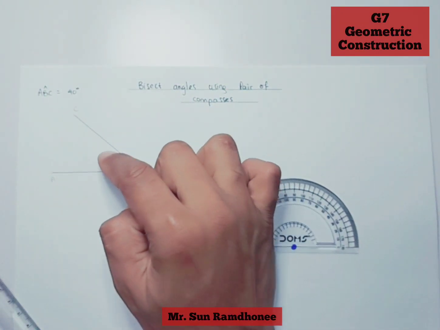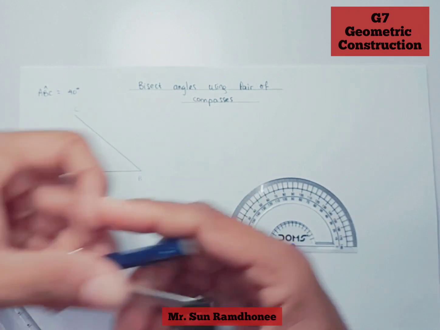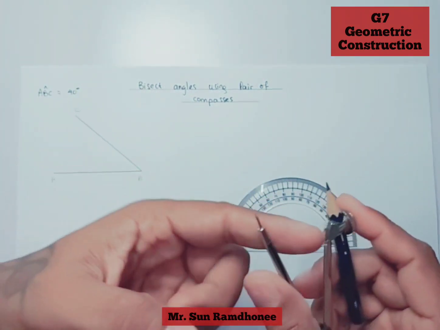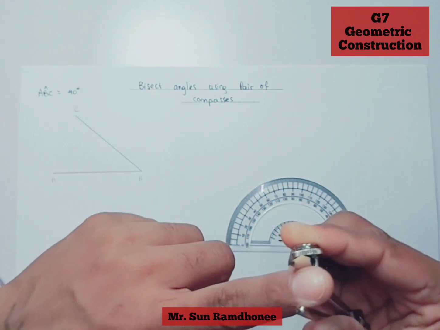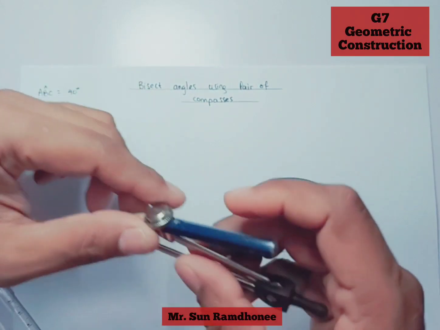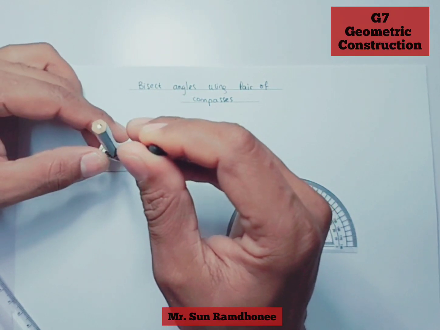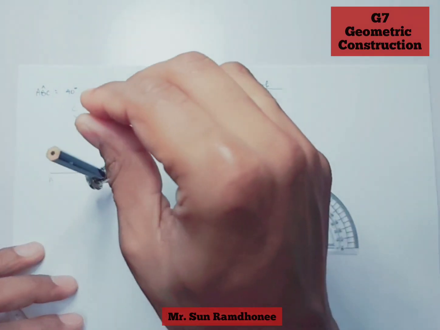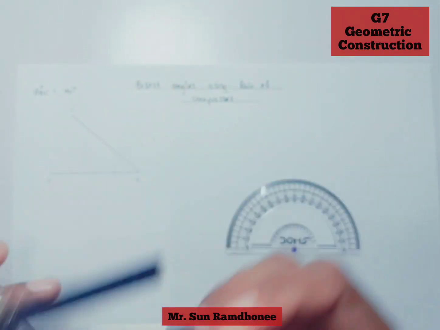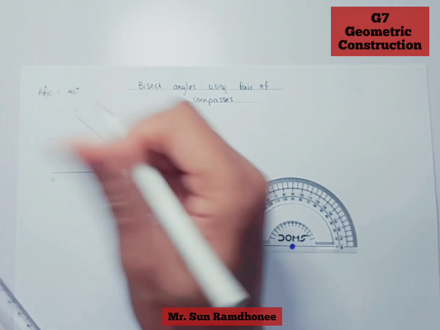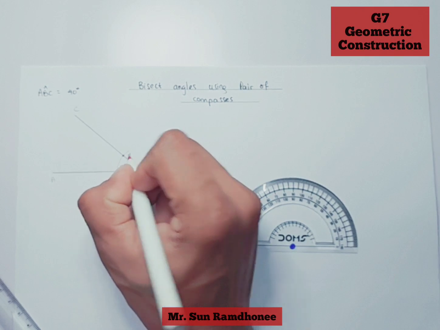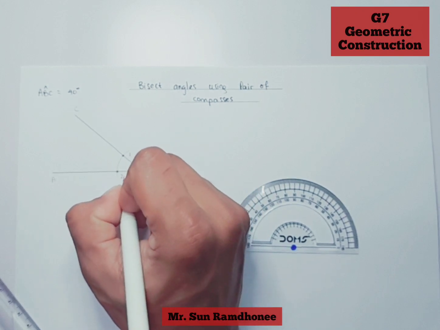So the angle is here. What I do is that I take my compass and then I take the distance of my finger. Then I place it at point B, and I'll draw an arc here. When I have drawn this arc, I'll obtain 2 points, 1 and 2.